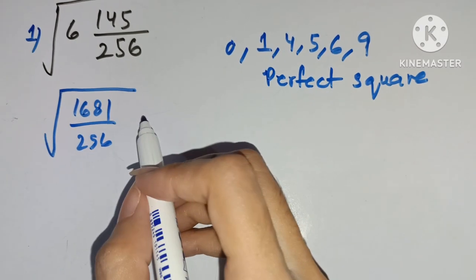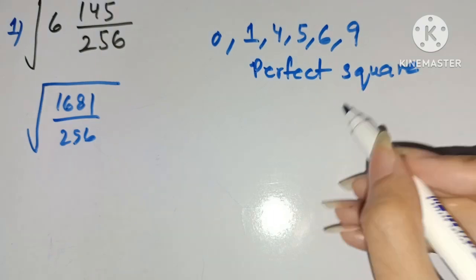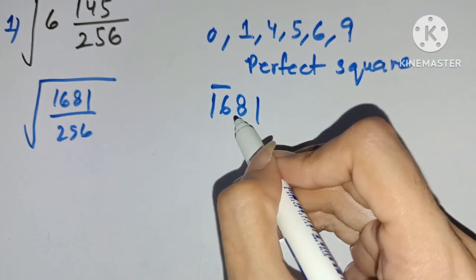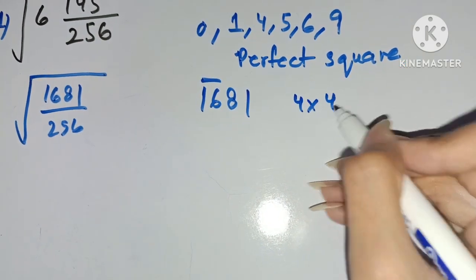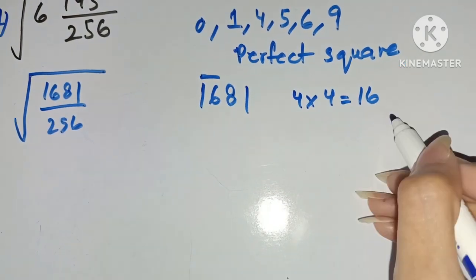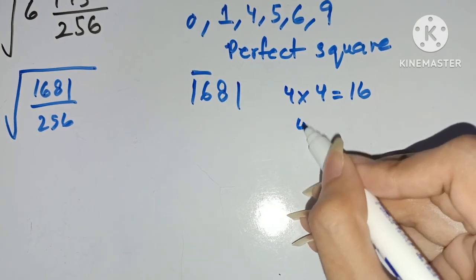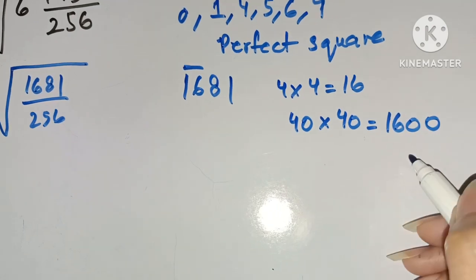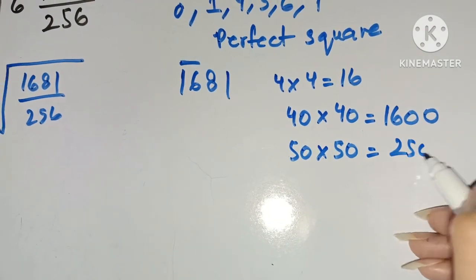The method to solve 1681 is that first you look at the number: 16 is coming. 4 fours are 16, so 4 multiplied by 4 is equal to 16. We can see that 40 multiplied by 40 is equal to 1600, and 50 multiplied by 50 is equal to 2500.